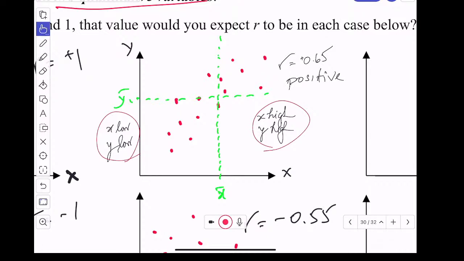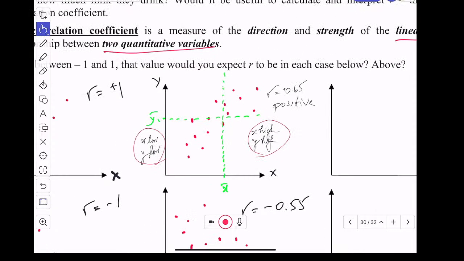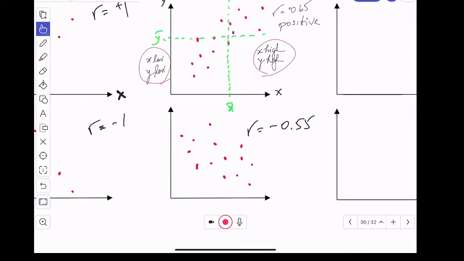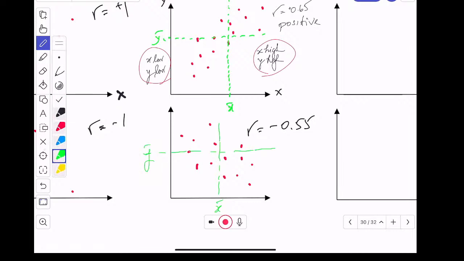Now, if we do the same thing below, I'm going to split the data halfway through for x and halfway through for y. And I'm going to mark x and y.